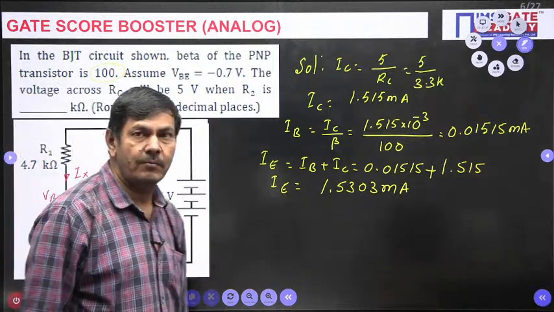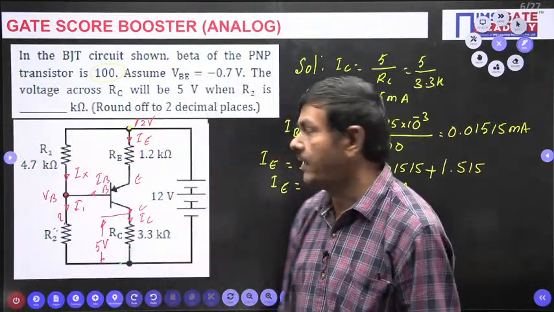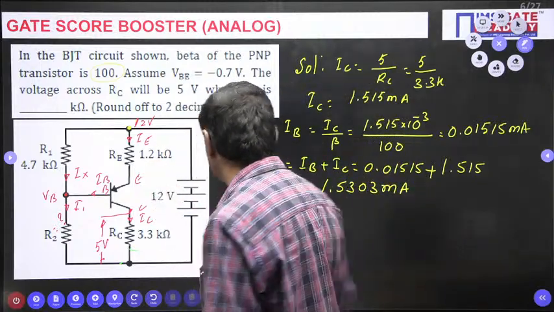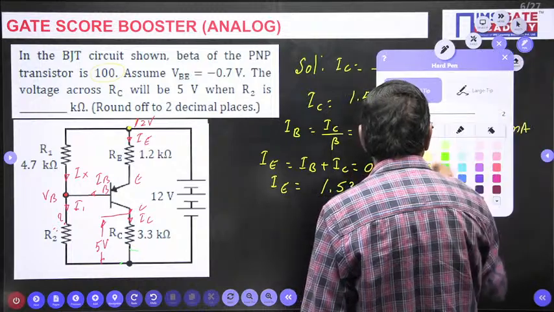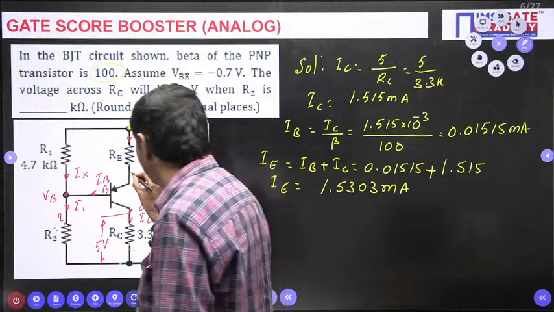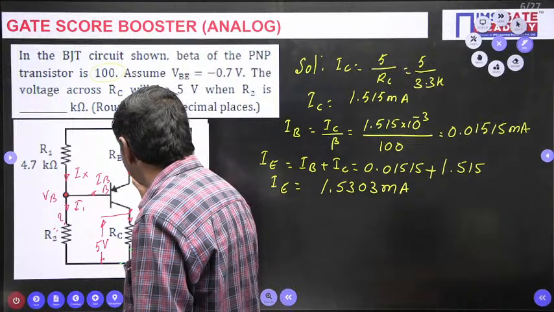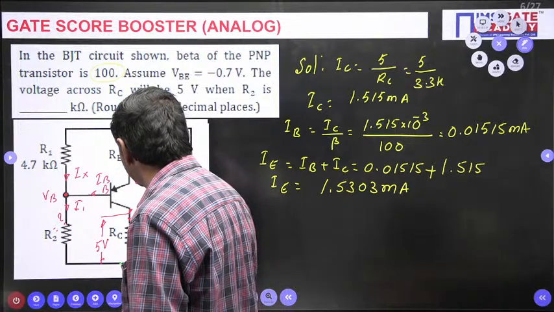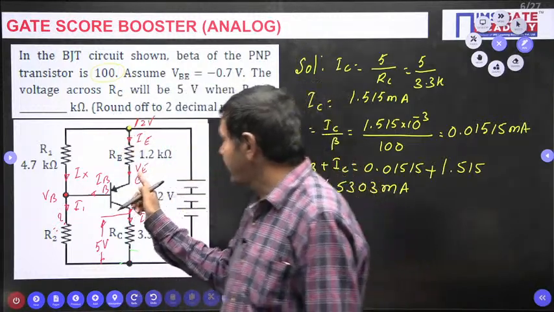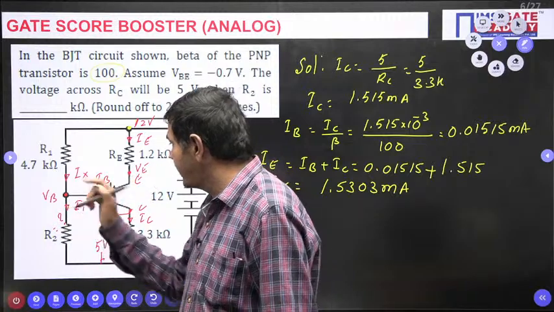Now, why are we finding the IE value? I wish to find the potential at this point. This is the emitter voltage I want to find. If I get VE, I can determine VB.